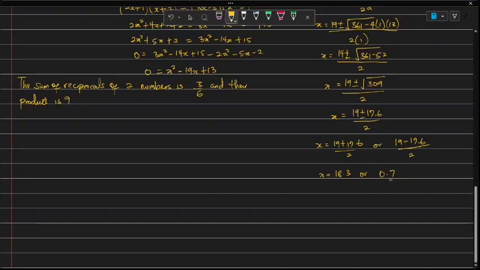What is the sum of the numbers? That's what they asked us to find.